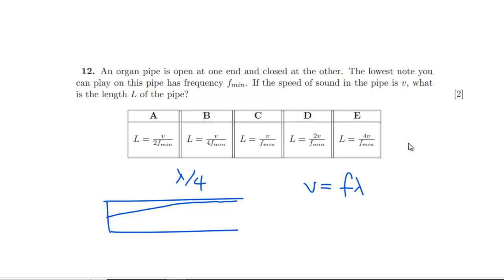So V is F min times lambda, and lambda is 4L. I'm trying to work out L. So L is going to be V over 4F min, which is B.